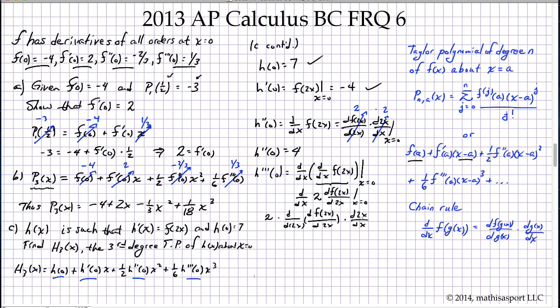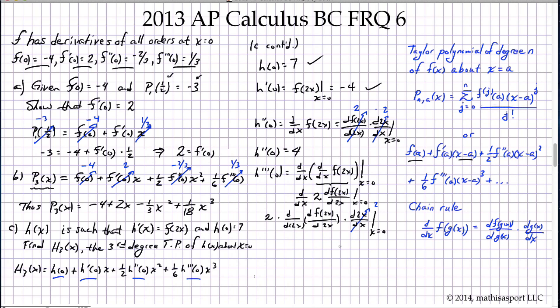That's kind of a messy looking thing, but the fact that we're going to apply now at the very end the condition x equals 0 is going to help us out. So first of all, the derivative of 2x with respect to x is 2 regardless of whether x is 0 or not.